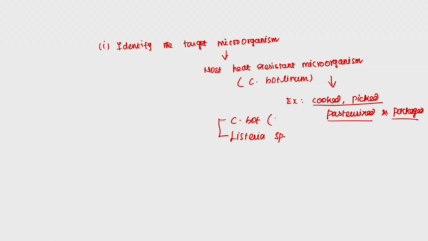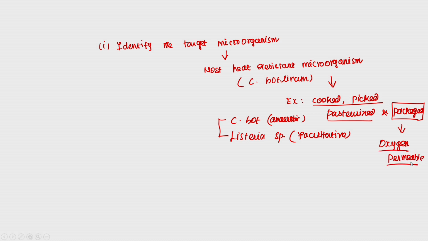For example, CBOT is anaerobic, Listeria species is facultative. So the moment you talk about the packaging, we need to check whether it is oxygen permeable or oxygen impermeable, right. If it is oxygen permeable, then the most heat resistant is Listeria species, right.